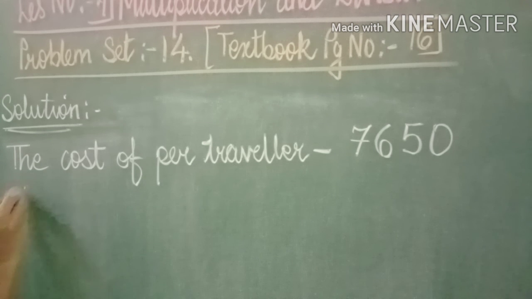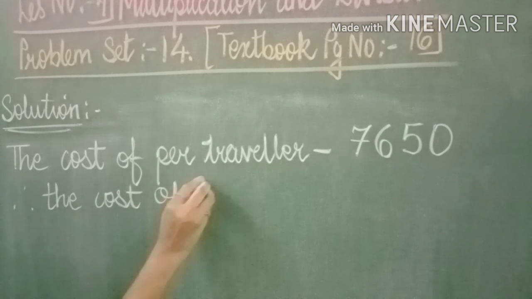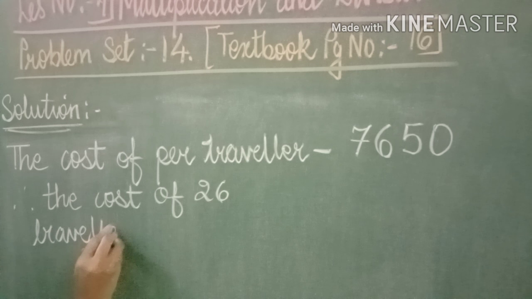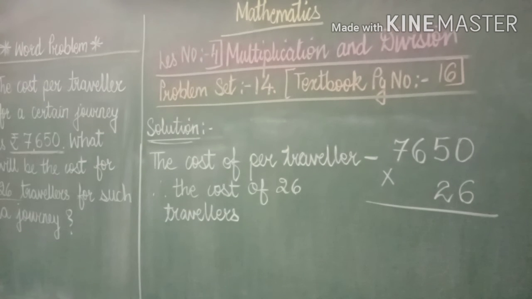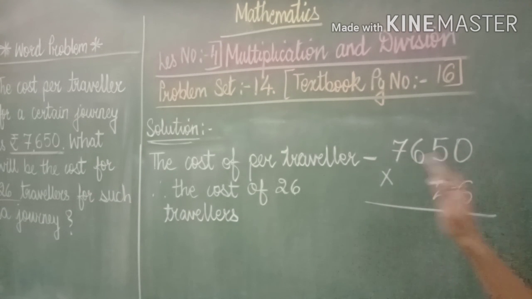Therefore, the cost of 26 travellers will be how many? Now we have to find this question's answer. So we have to multiply 7,650 into 26. So students, let's see the cost per traveller 7,650. The cost of 26 travellers we have to find out.